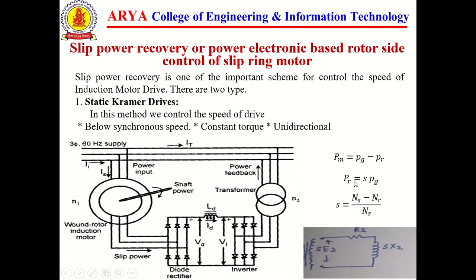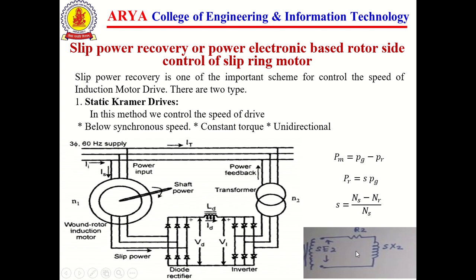Another expression: the rotor losses PR equal S times Pg. That means whenever S increases, the rotor losses will also increase in terms of Pg, where S equals slip. Slip is already defined as (Ns minus Nr) upon Ns.